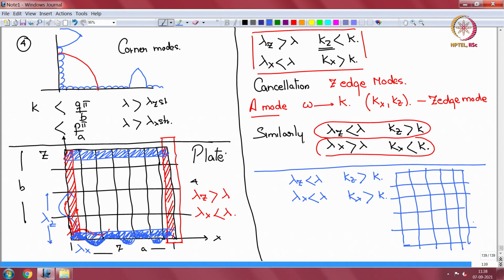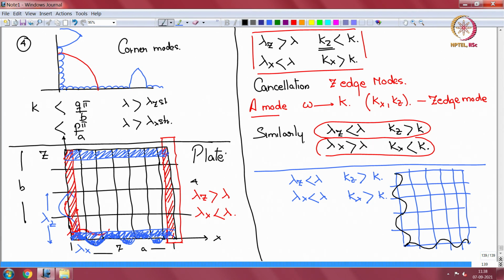So if we take now the mode behavior in this direction and in this direction, these are supposed to be equal length scale cells, but don't mind.